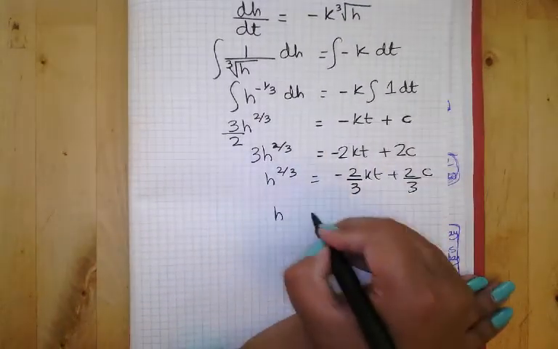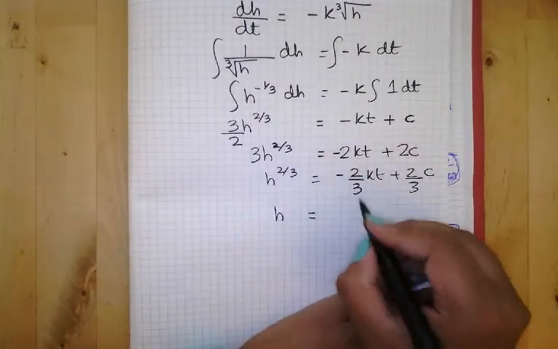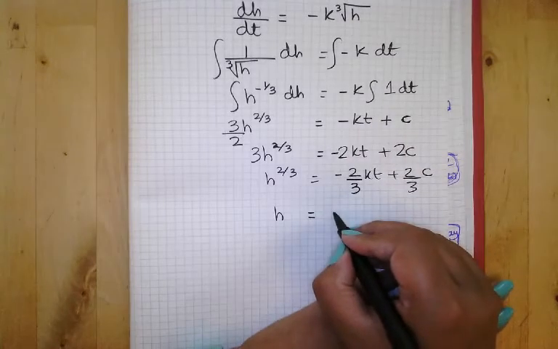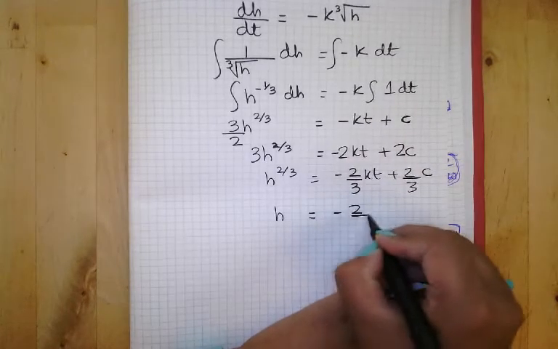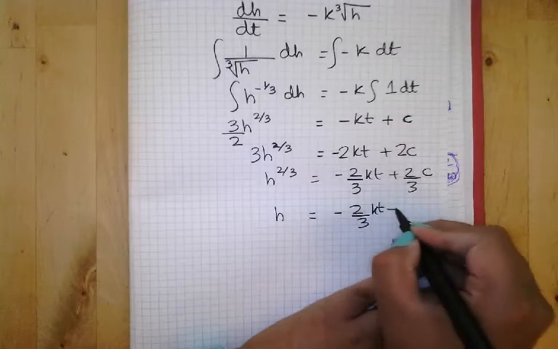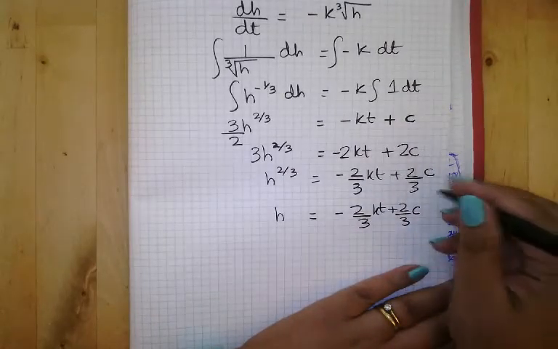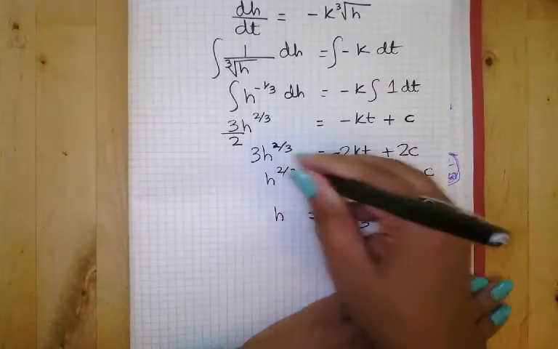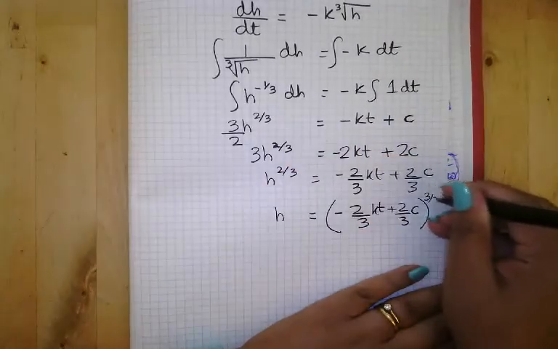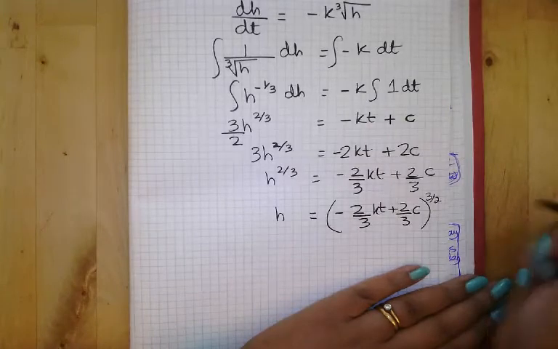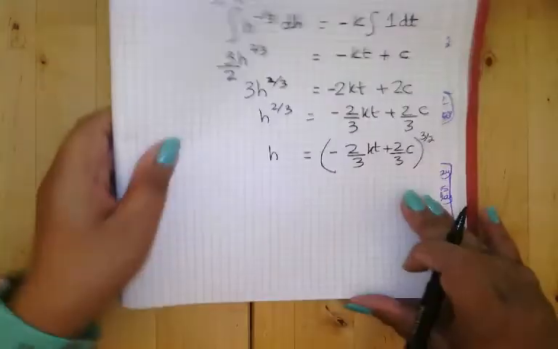And then if I want to make h subject of the formula, then that's going to be minus 2 over 3 kt plus 2 over 3c, all to the power of the reverse of that, which is this. Okay, and that's exactly what they're asking us for.